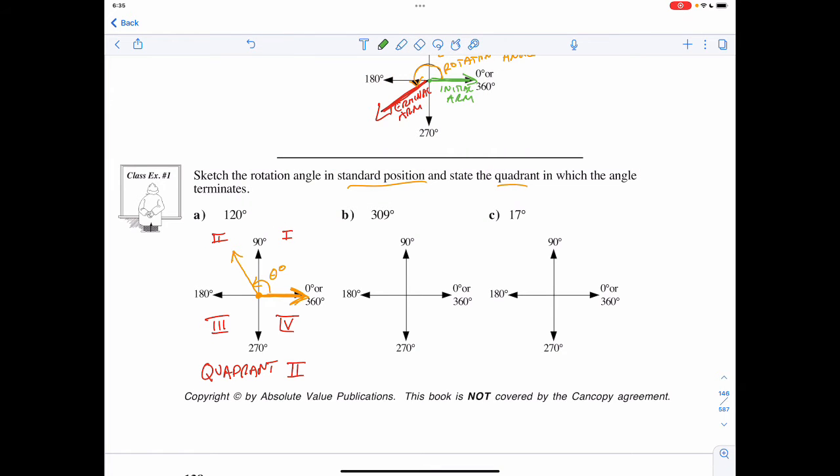When I go on to my next example, same thing. Show my initial arm. 309 is in between 270 and 360, and it's going to be closer to 270. There is my rotation, and it ends in quadrant 4.